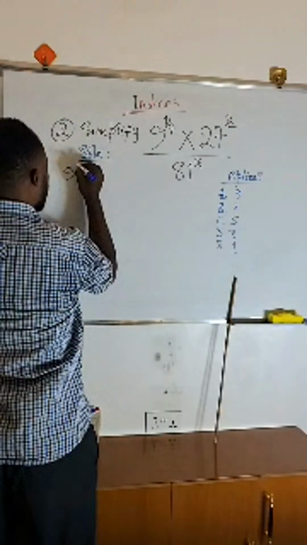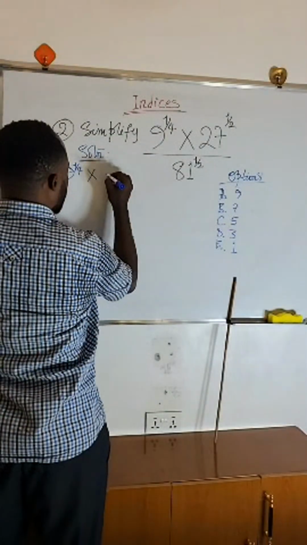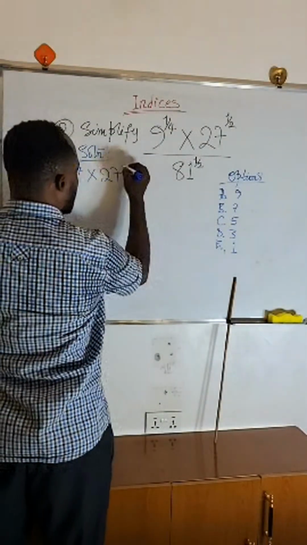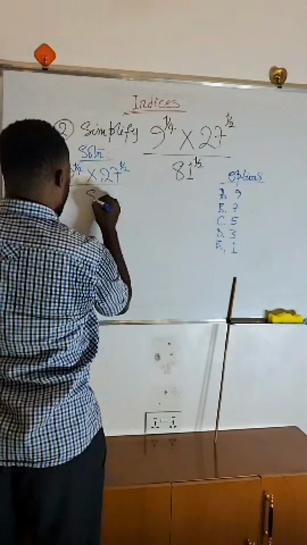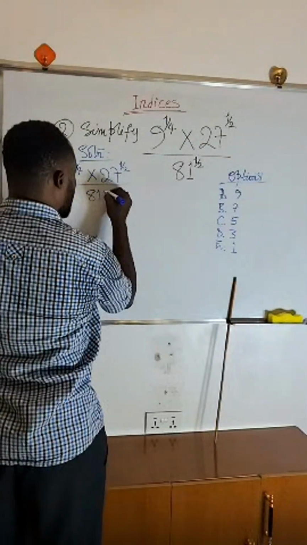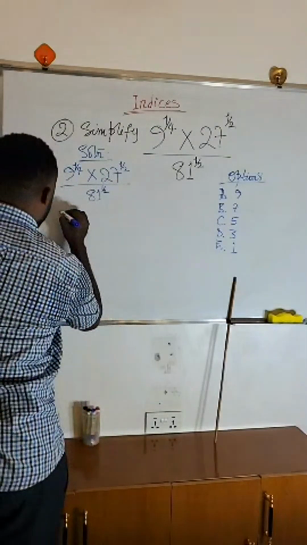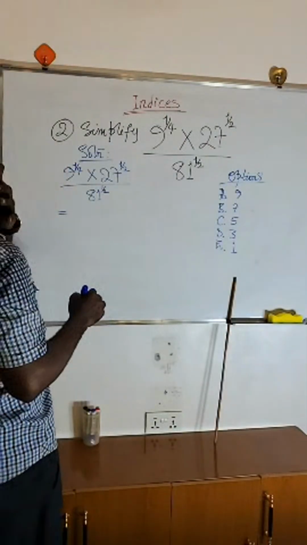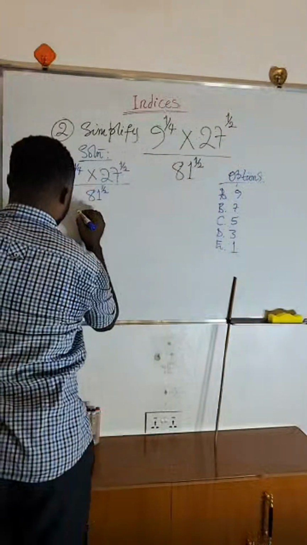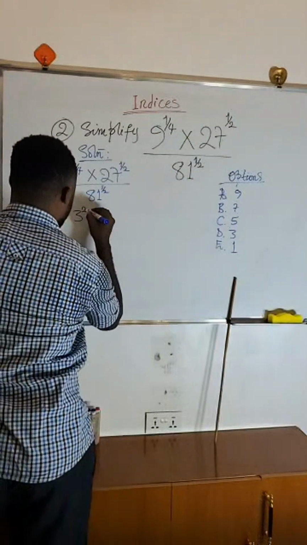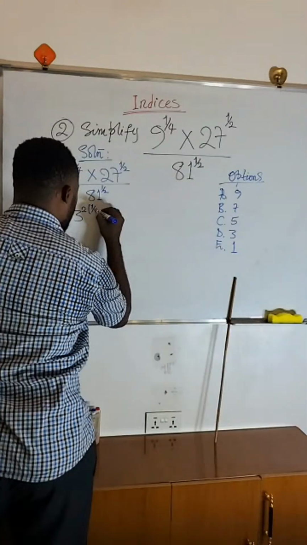So we have to bring that question here. You have 9 raised to the power of 1 over 4 multiplied by 27 raised to the power of 1 over 2 all over 81 raised to the power of 1 over 2. Let's break this down first. I can write 9 as 3 raised to the power of 2, which will multiply into the former power, 1 over 4.